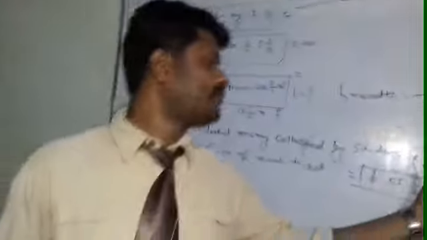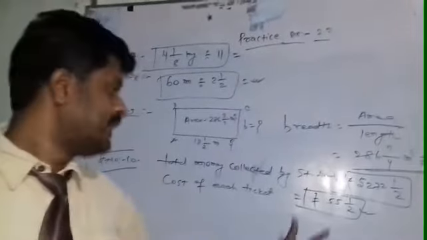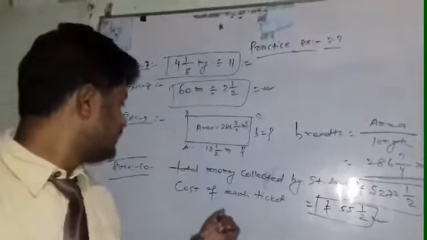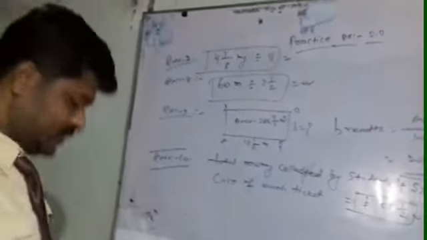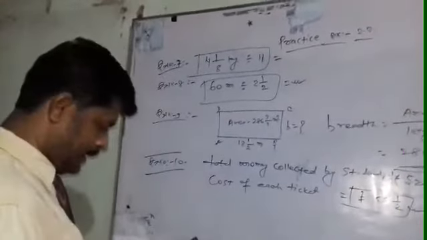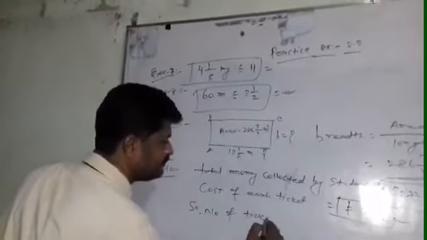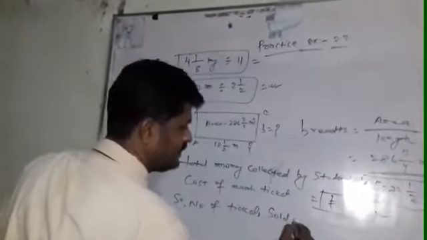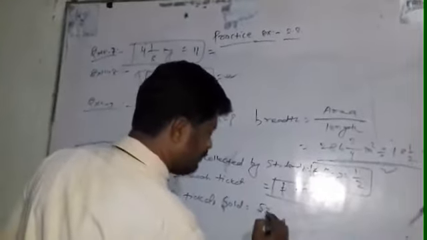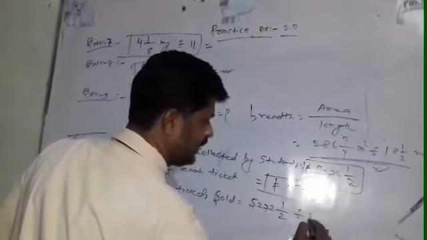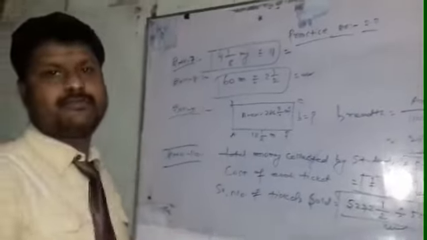This is the total money collected, and this amount is the cost of one ticket. So we have to find the number of tickets sold. So the number of tickets sold is equal to total money divided by the cost of one ticket. Okay, and when you solve this, you will get your answer.